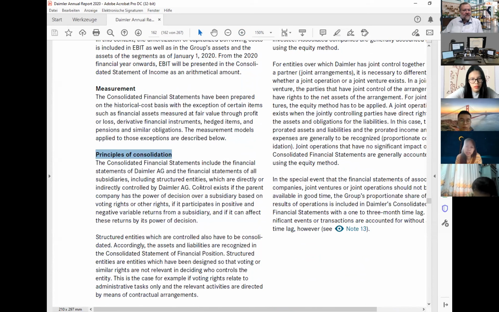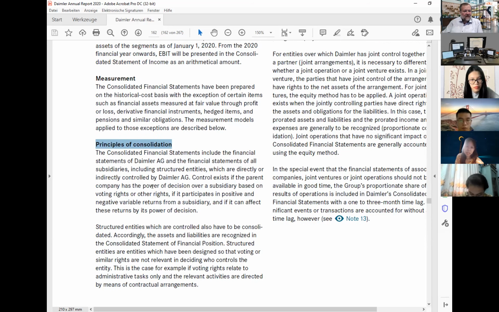Control exists if the parent company has the power of decision over a subsidiary based on voting rights or other rights, if it participates in positive and negative variable returns from a subsidiary, and if it can affect these returns by its power of decision. Okay, so that is a brilliant description of what Daimler AG is doing during consolidation.